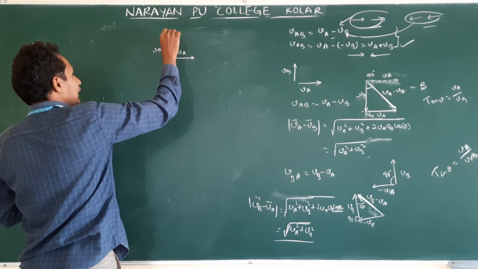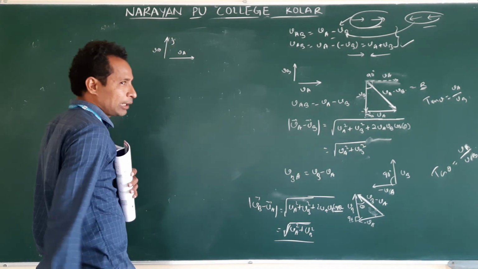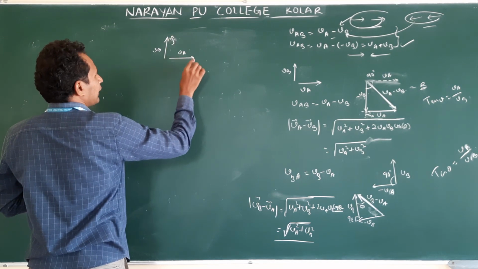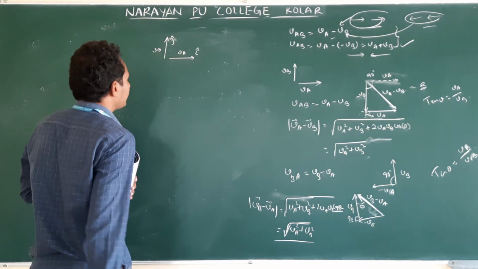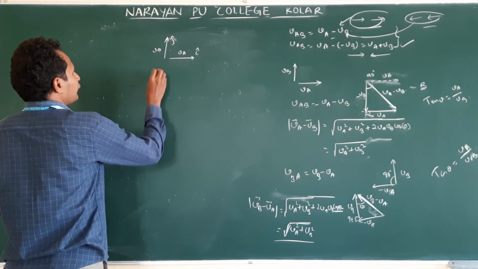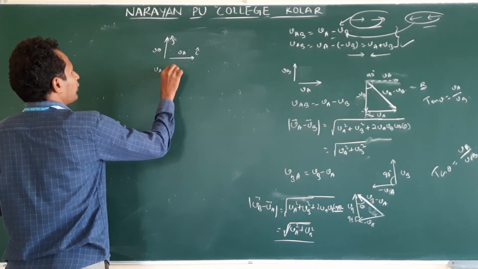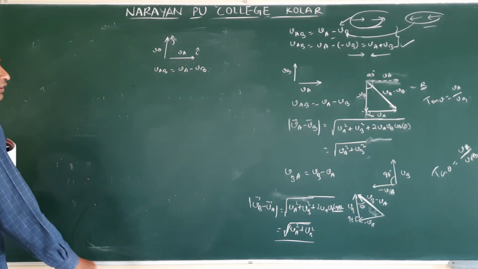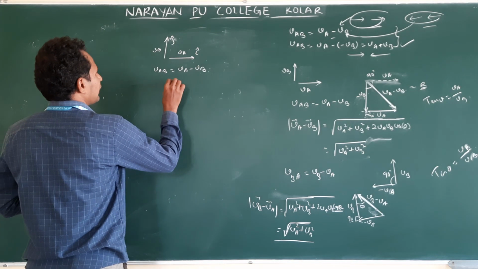Along the y axis, this is j cap, and along the x axis, this is i cap. Clear? Next VAB. How do we write the formula? VA minus VB. Clear? Understand?